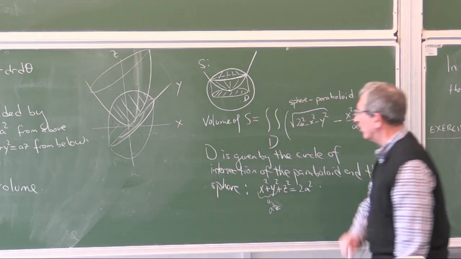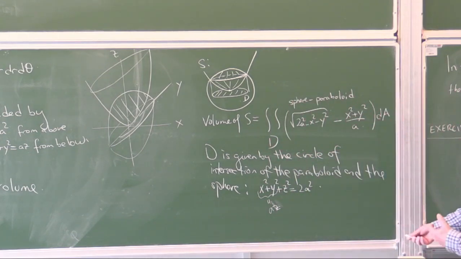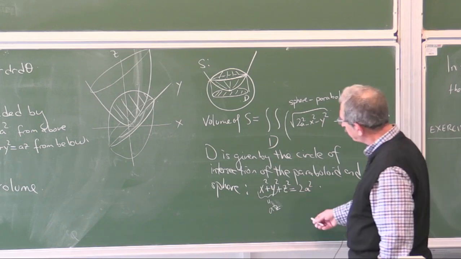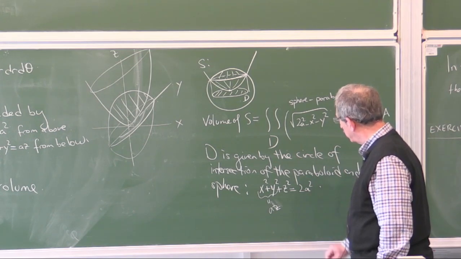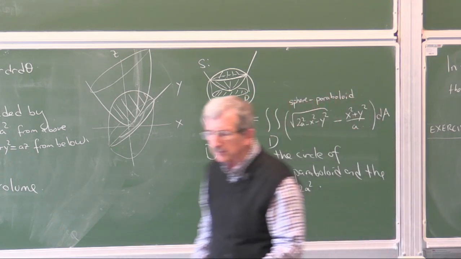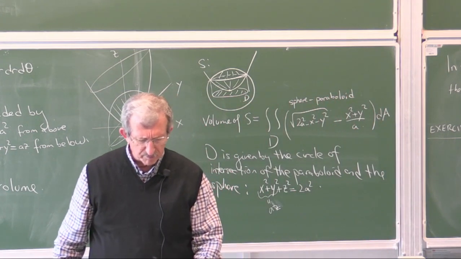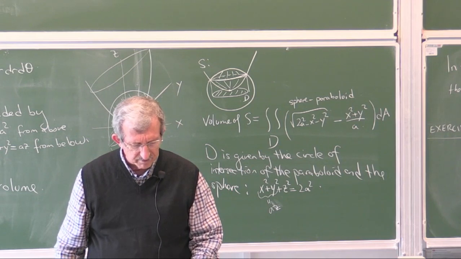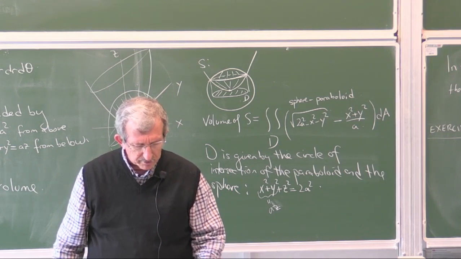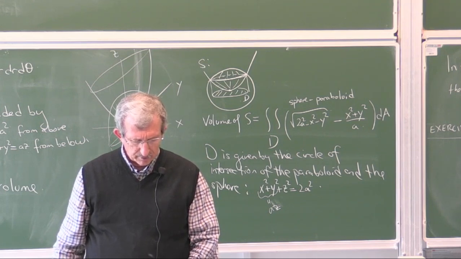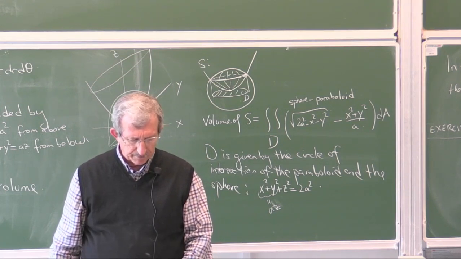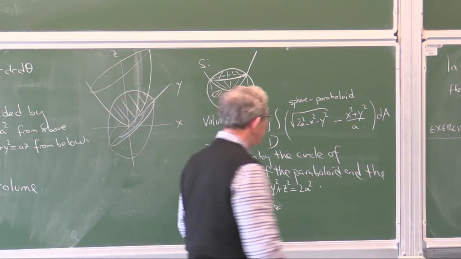This is the paraboloid. So when we equate them together, let me check my numbers again. So we get 2a squared, that is right. Yeah, that's okay.